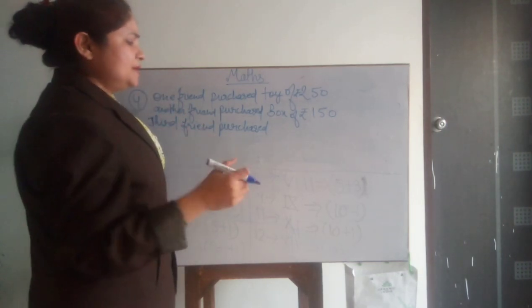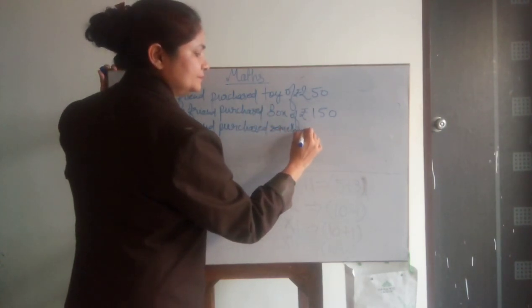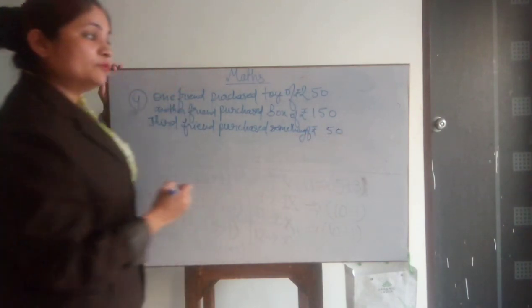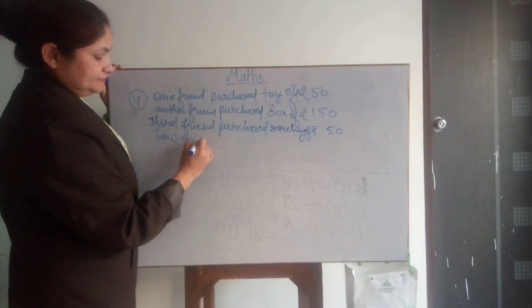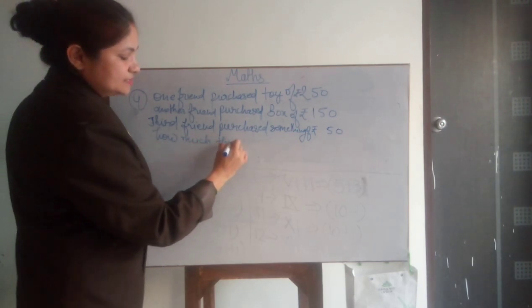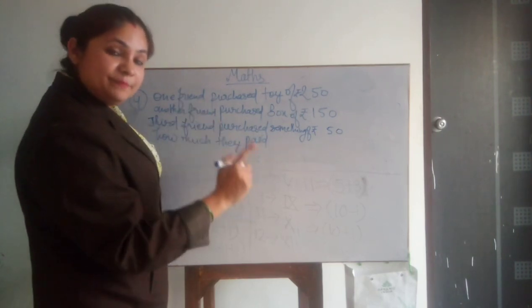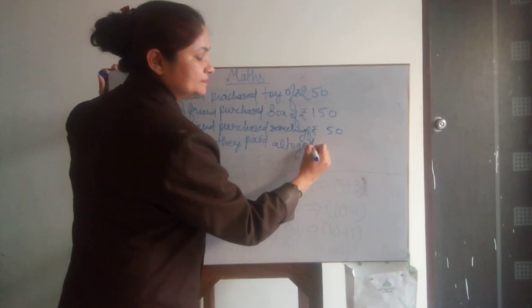He purchased something of rupees 50. How much did they pay altogether?